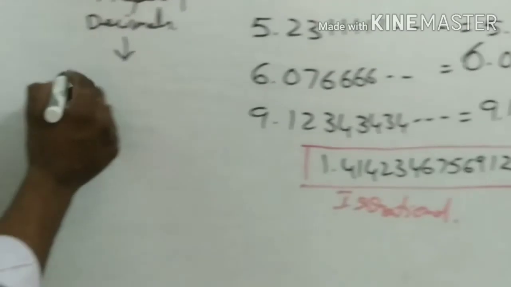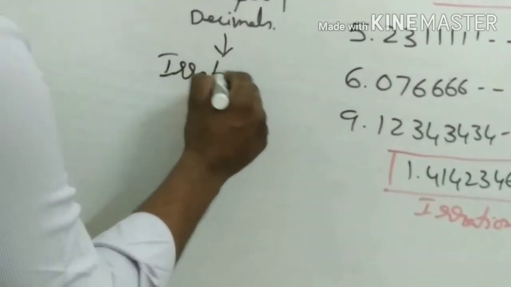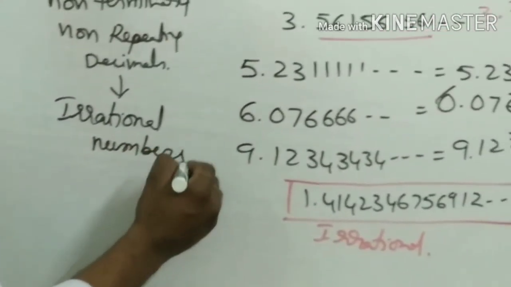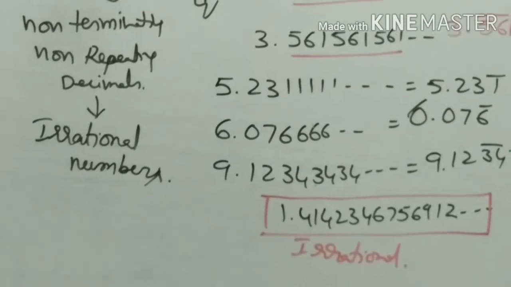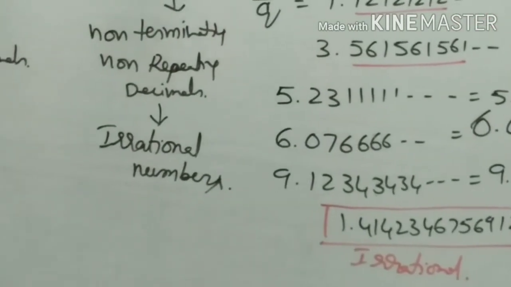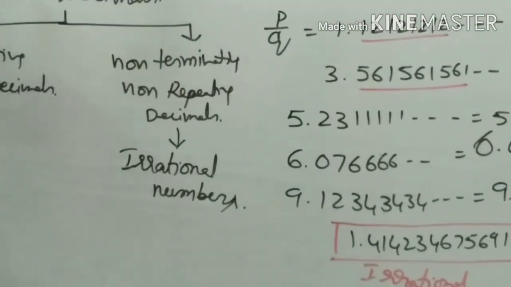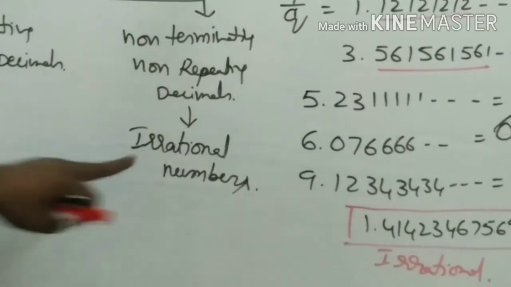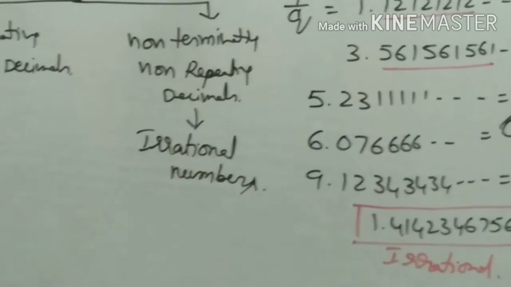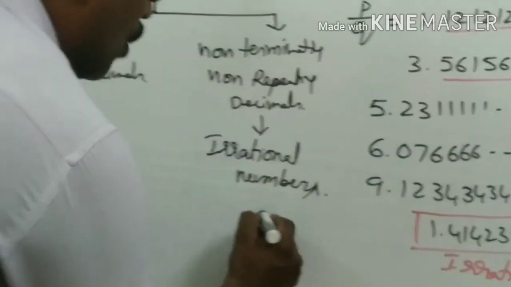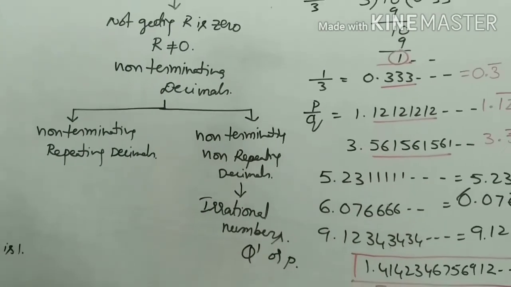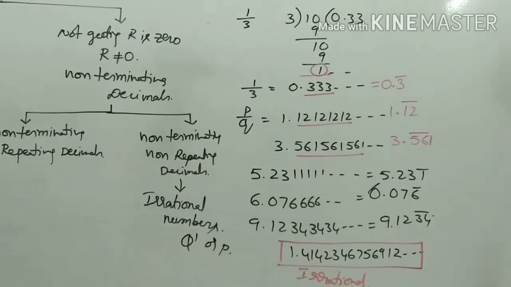These are all irrational numbers. So a decimal whose remainder is not 0 and which is non-repeating is called an irrational number. Irrational numbers are denoted by Q dash, or in some places P.